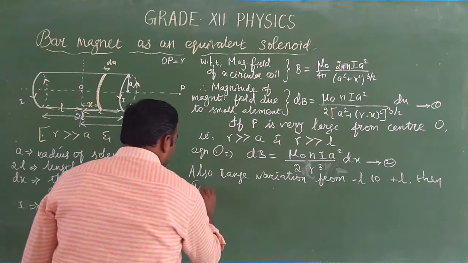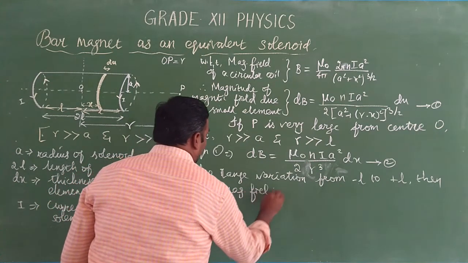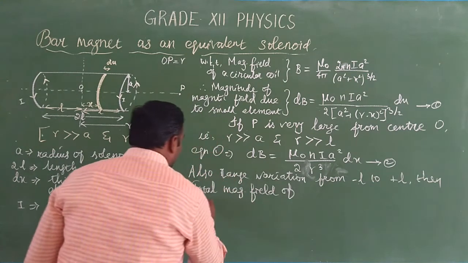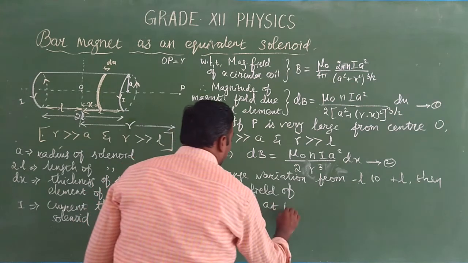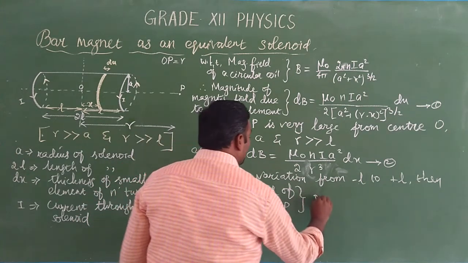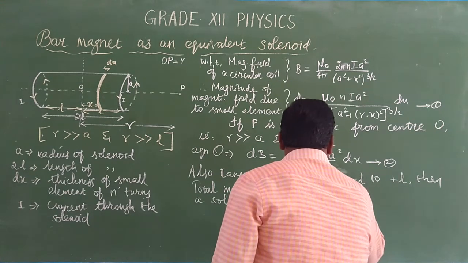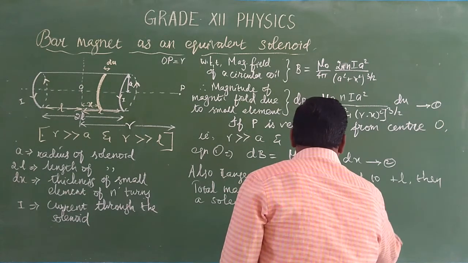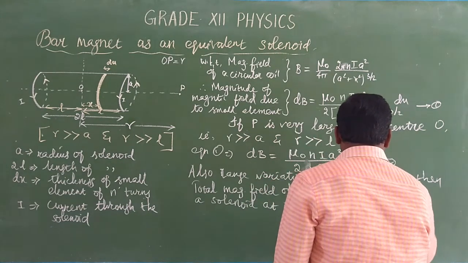The total magnetic field of a solenoid at P is equal to the integration from minus L to plus L of dB. Then substitute this value.